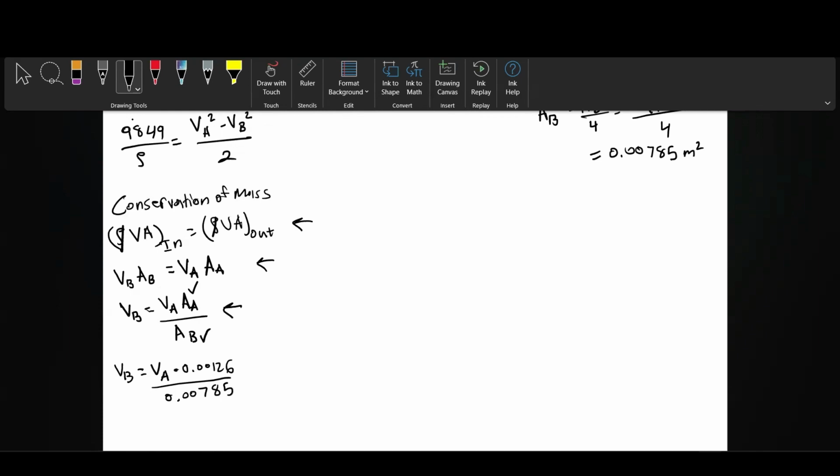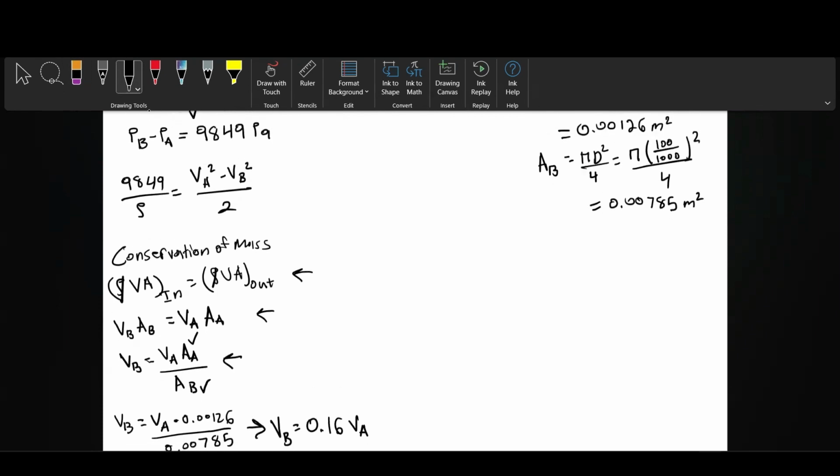And you should get that VB is equal to about 0.16 VA. So now we can plug this into here.